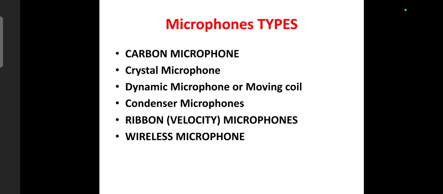The condenser microphone offers excellent sensitivity and is widely used in professional recording studios. The ribbon microphone provides natural sound reproduction and is preferred in broadcasting applications. Finally, the wireless microphone eliminates cables and allows users to move freely during speeches and performances. In the next few slides, we'll study each microphone individually.